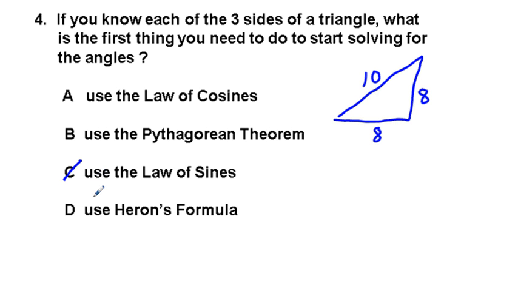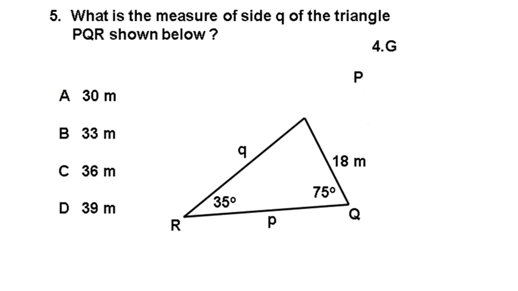We could use Heron's formula with this, but Heron's formula is for area. Pythagorean theorem, we do not have a right angle. It's going to be the law of cosines. You're going to see in this exam later on, I think problem 8 is a situation similar to this. Should be a pretty easy problem.